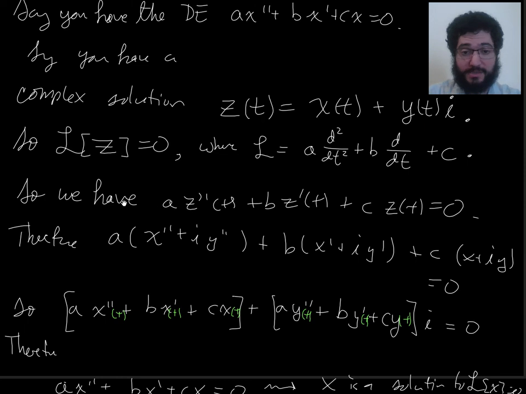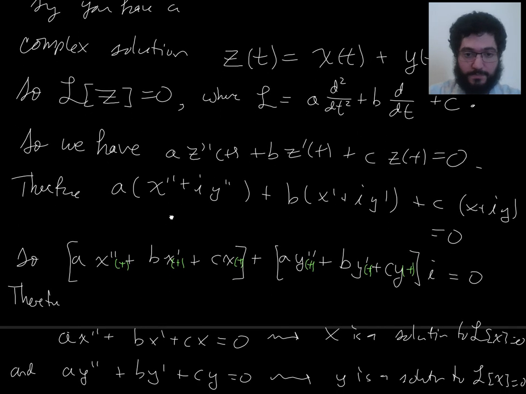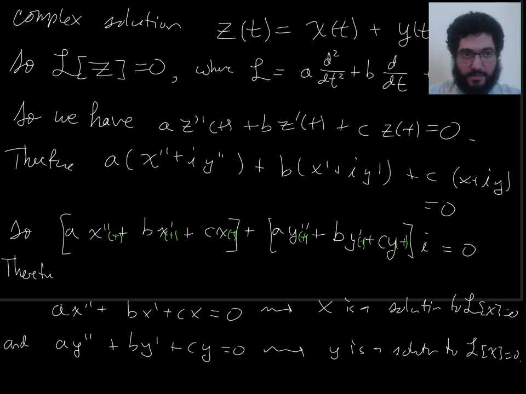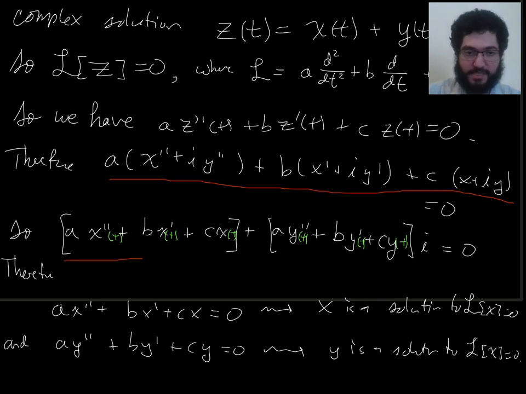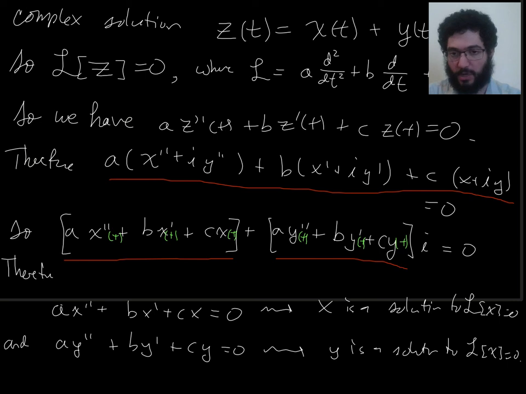What made this work is being able to take this here and take the left-hand side applied to x plus iy and then distribute everything and rearrange so that we have stuff applied to just x and stuff applied to just y. So our ability to distribute operations across the sum in x plus iy, that is what made this work.